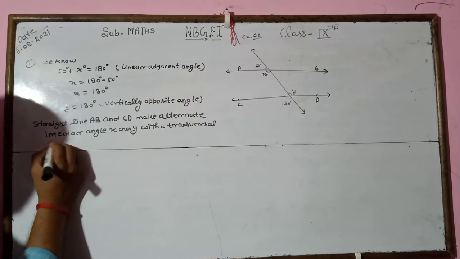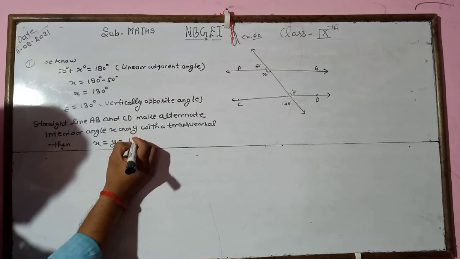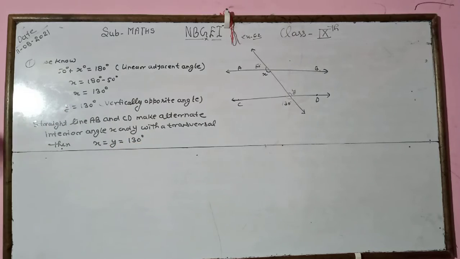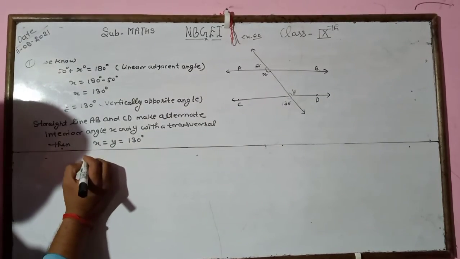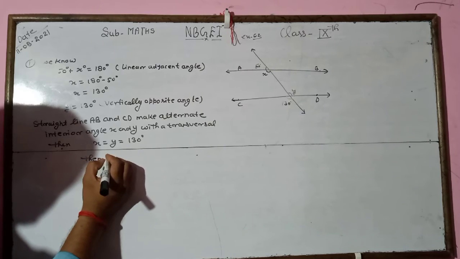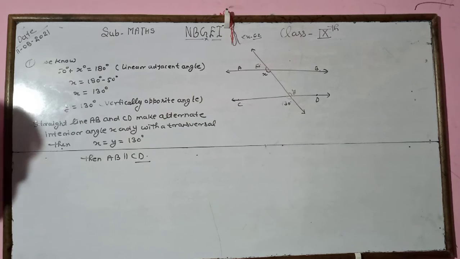Then x is equal to y is equal to 130 degrees. Then AB is parallel to CD. Okay, clear?